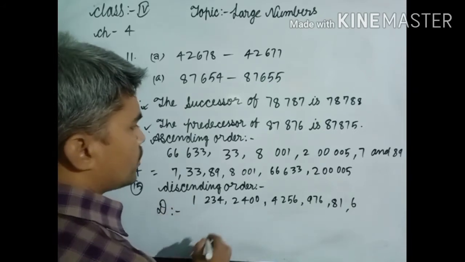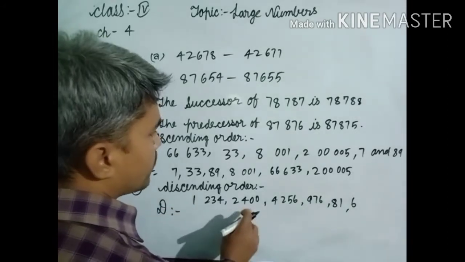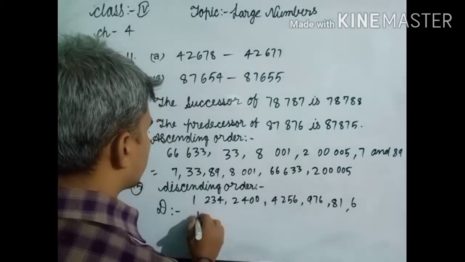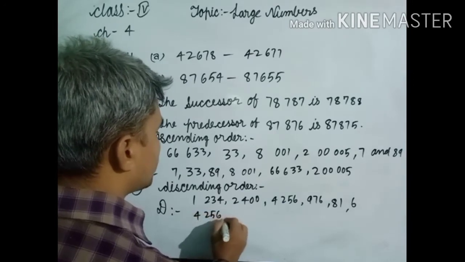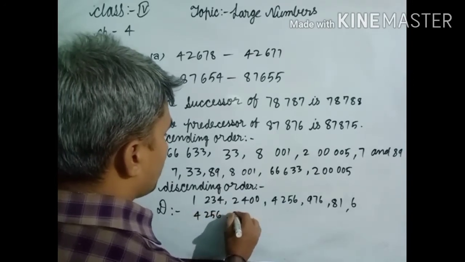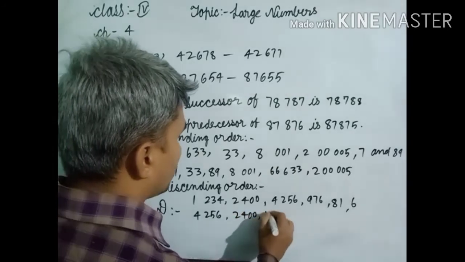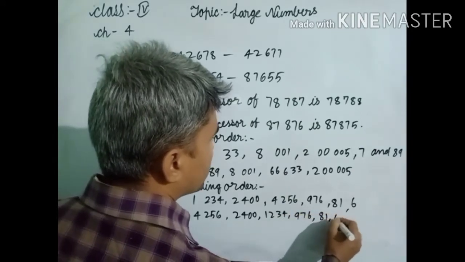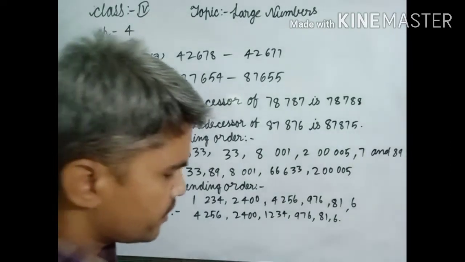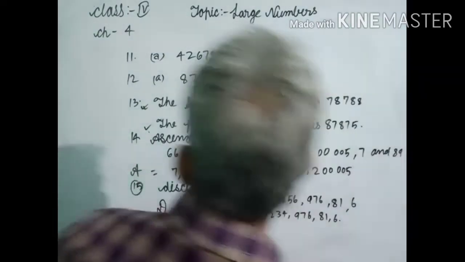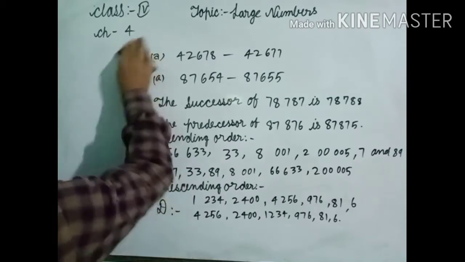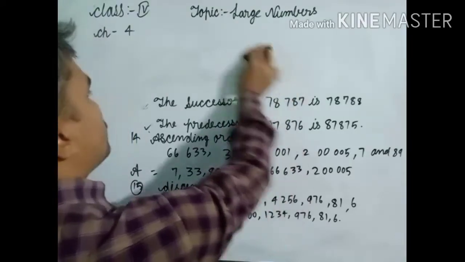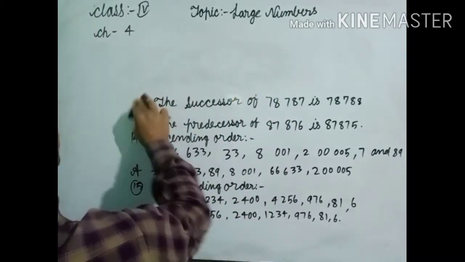Greatest to smallest. Who is the greatest number? Here 4,256, now 2,400, now 1,234, 976, 81 and 6. In this way, you arrange in descending order and in ascending order. So dear students, you make such types of problems, arranging large numbers in ascending and descending orders.